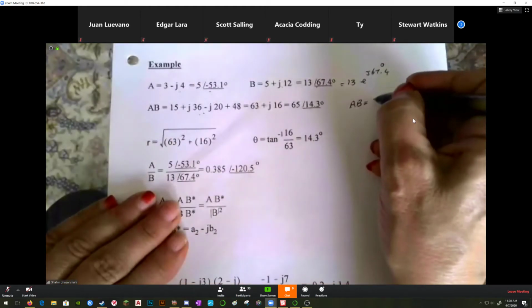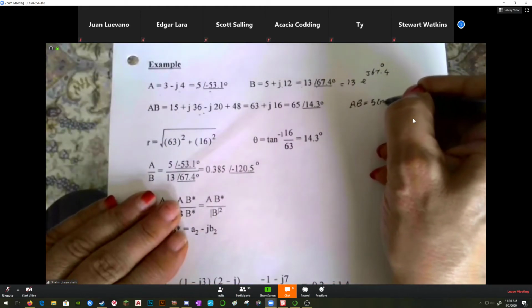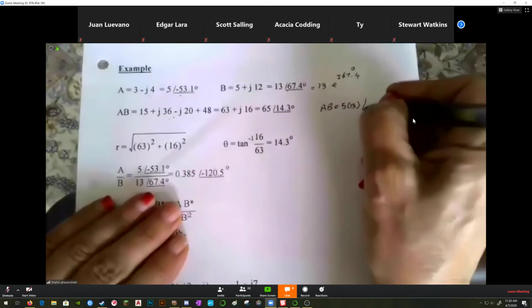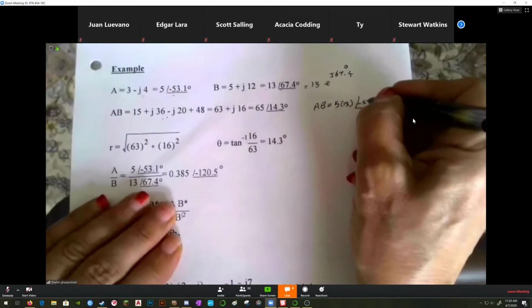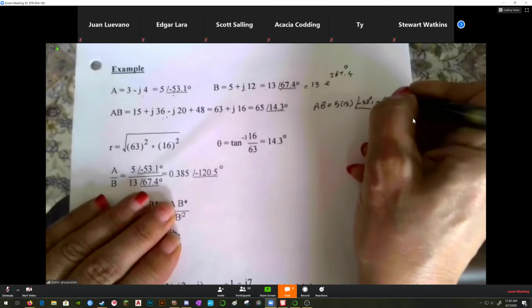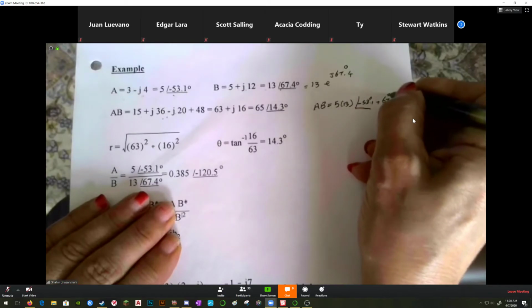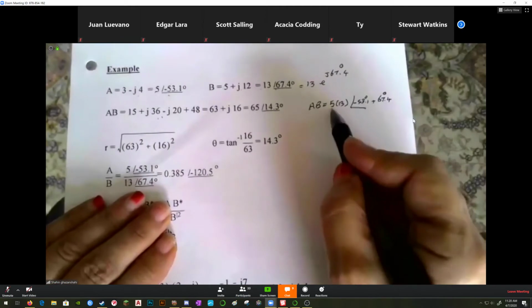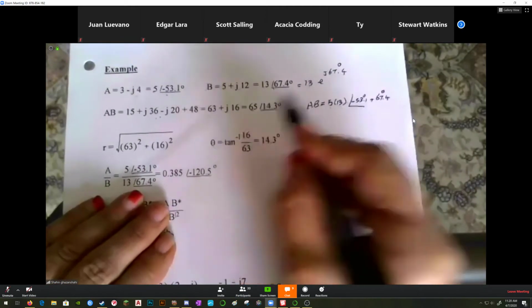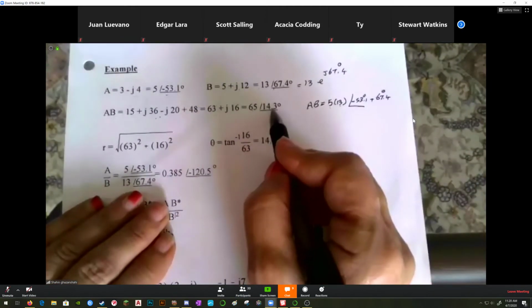It is going to be 5 times 13, correct? You add the angles, which is minus 53.1 plus 67.4, correct? So 5 times 13 is 65. You add the angles, it is 14.3.